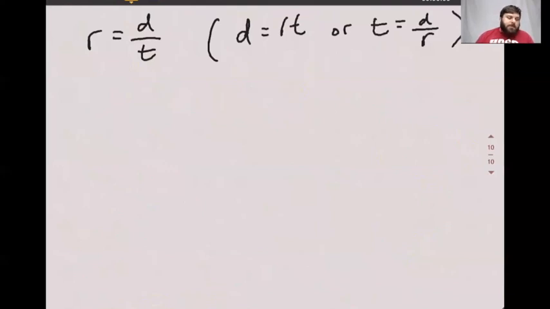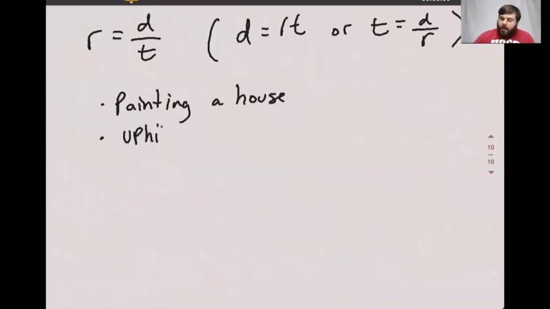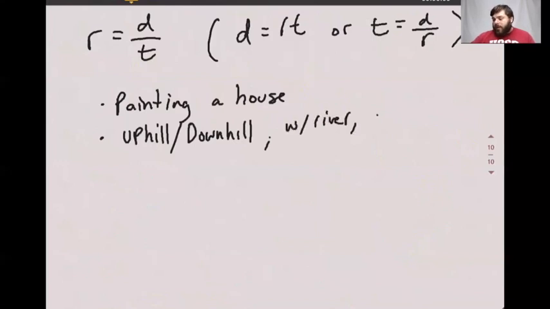So let's look at some types of problems that you might be solving when you're dealing with rates, okay? Painting a house, I don't know why, but it's always a house and you're always painting it, but very common that you'll see a problem like that. We'll see problems like when you go uphill or downhill, or into the wind, against the wind, or with the river, against the river.